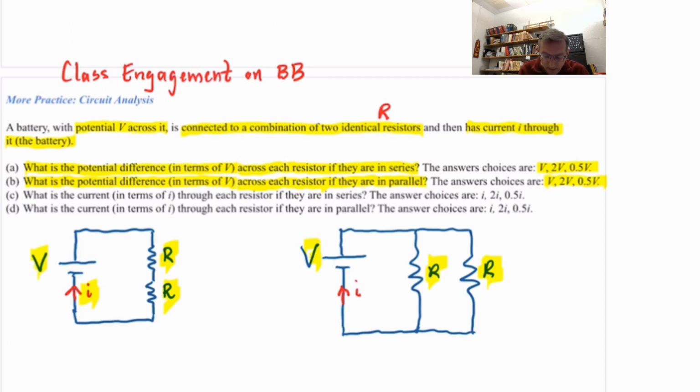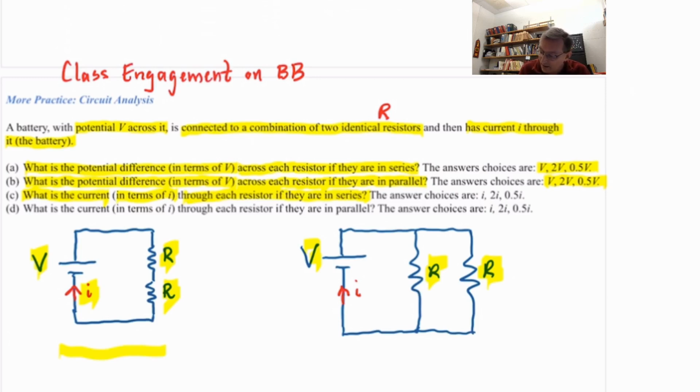Then C, what is the current through each resistor in terms of the current I through the battery if they are in series? So go back to the series picture over here on the left. Now you want to know the current through each resistor in terms of I, the current through the battery.